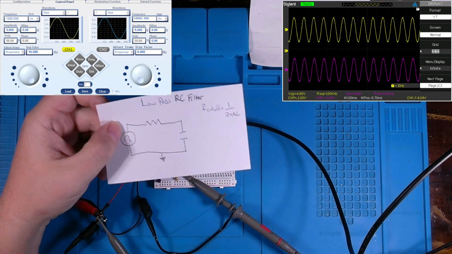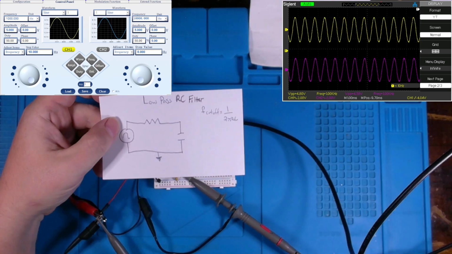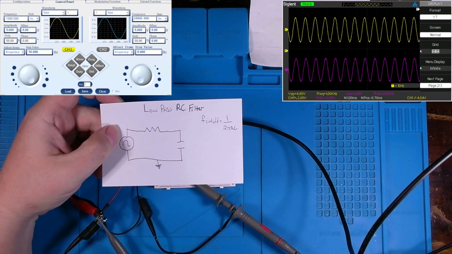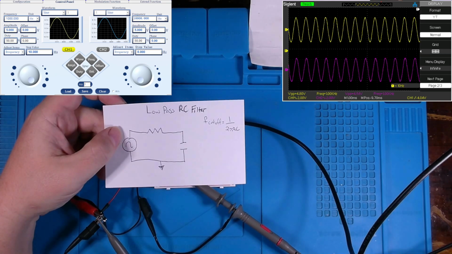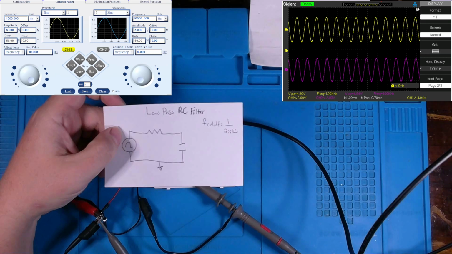Now, what I did to start this off was I went ahead and just selected a nominal capacitor value and the frequency that I wanted to be my low-pass filter.